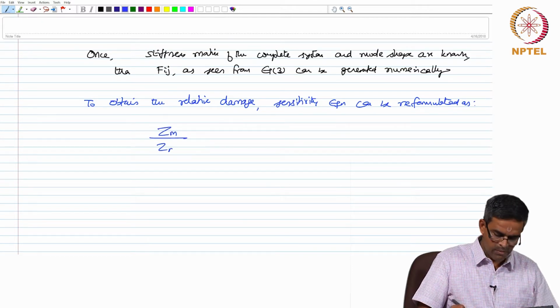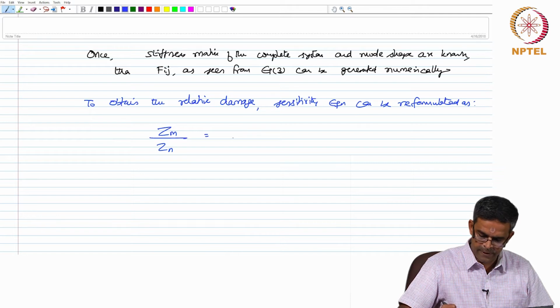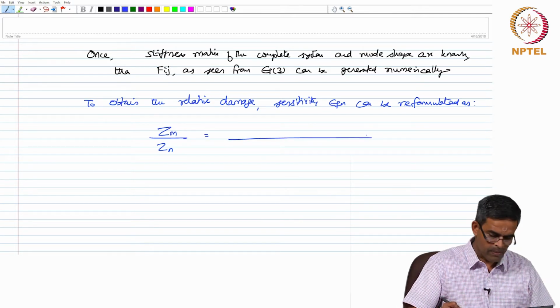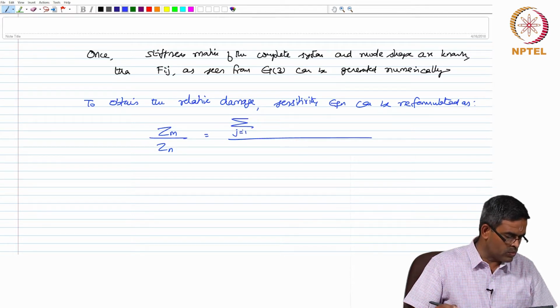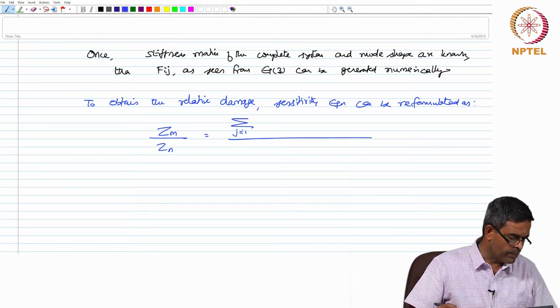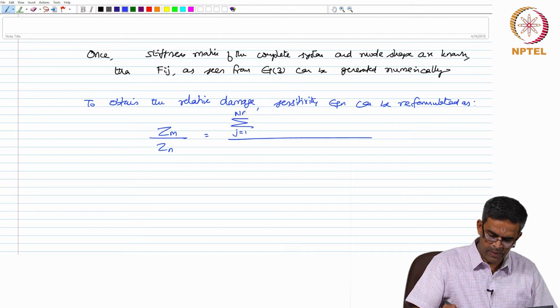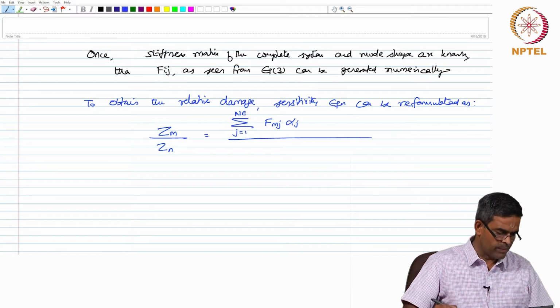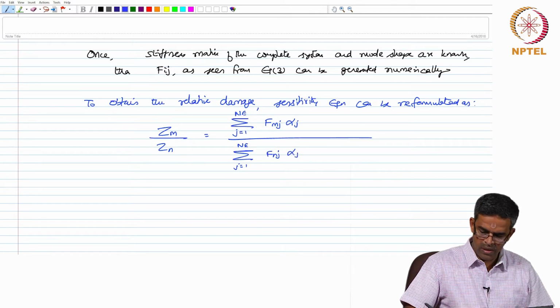Zm by Zn is given by the sum over j equals 1 to ne of Fmj alpha j divided by the sum over j equals 1 to ne of Fnj alpha j.